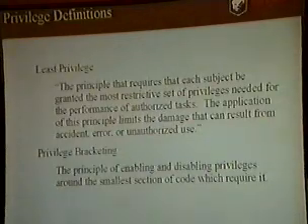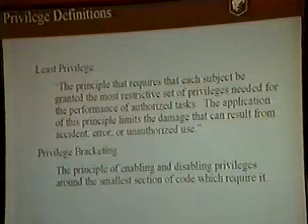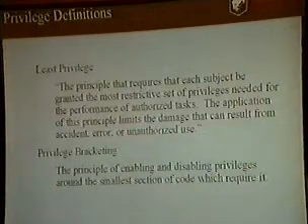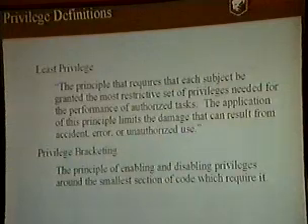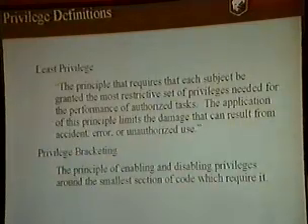The next thing is the idea of privilege bracketing, and this is what I was just getting at. Privilege bracketing is the idea that a program will have a set of privileges or special operations that it can take, but when it doesn't need them anymore, it should get rid of the privileges. If it doesn't need to bind to a privileged port anymore, it can drop it. That way, if someone comes in later and breaks into the process, breaks into the web server or the CGI programs, then they won't have access to that ability because it's not there anymore.